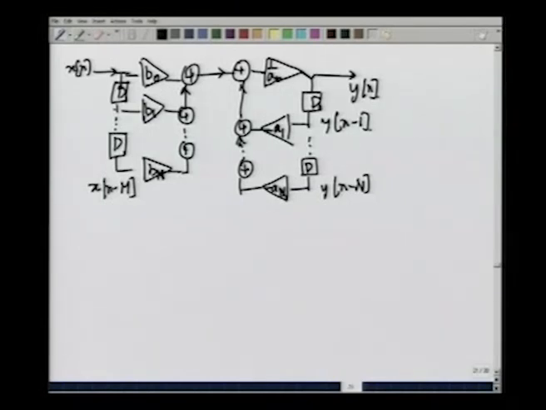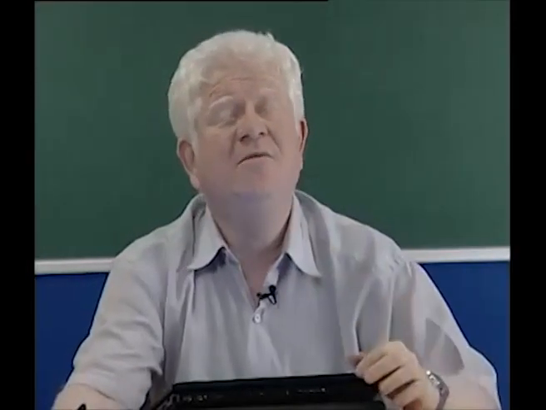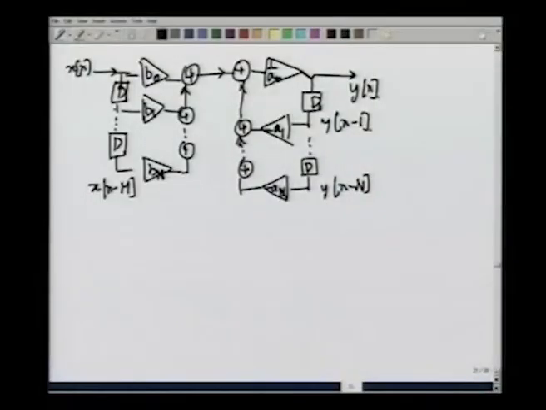Alright. Now, we have this. You see, each of these blocks is essentially implementing some kind of a convolution because it is a linear time invariant block having constants at all these summation points which are scaling the original signal and then we are adding up.